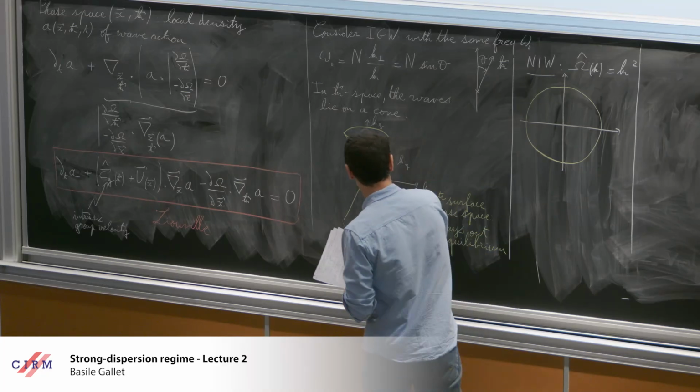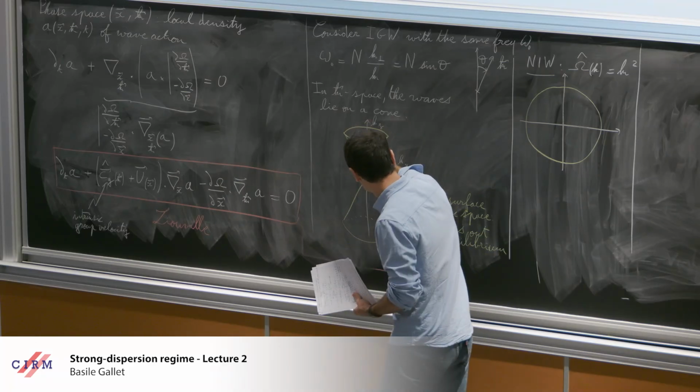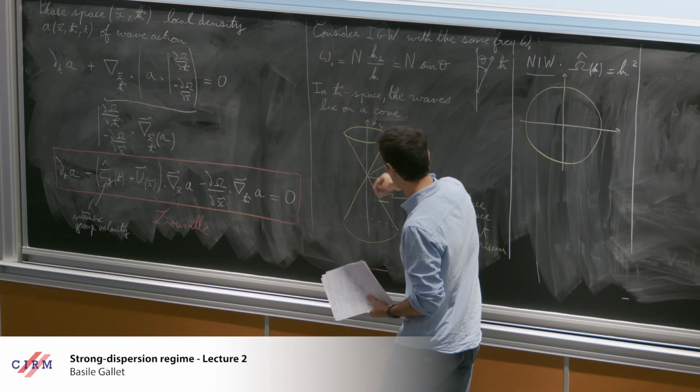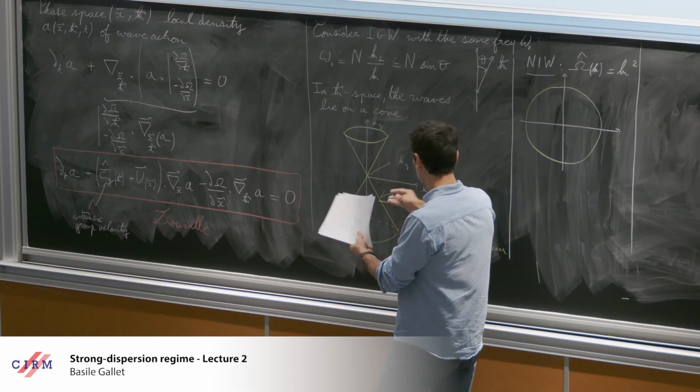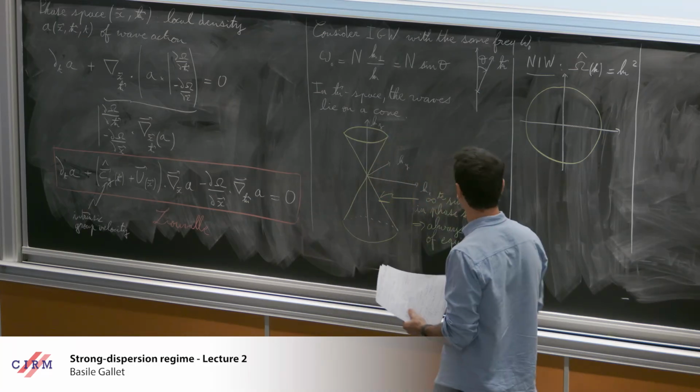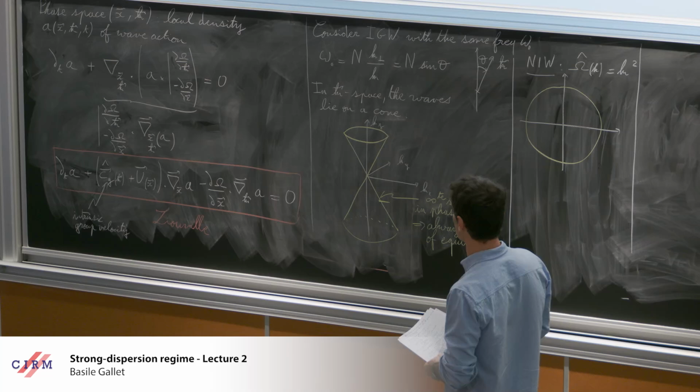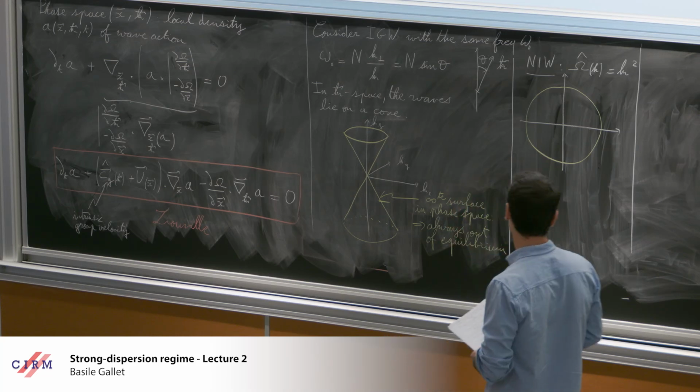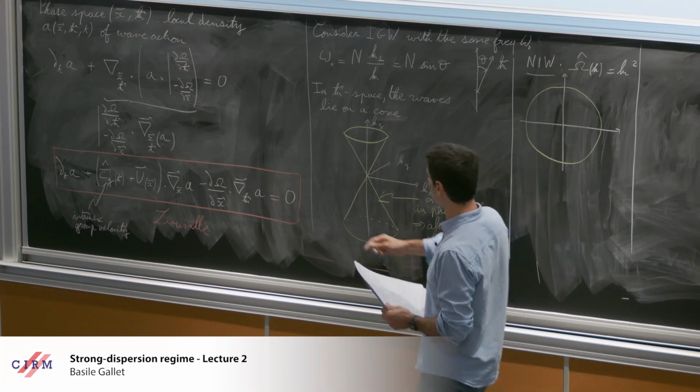So like I said, what's going to happen instead is that the wave action will be transferred by the background flow to higher and higher k in a cascading fashion, and ideally we would like to be able to describe that cascade quantitatively. And that's something you can do provided the background flow is weak.